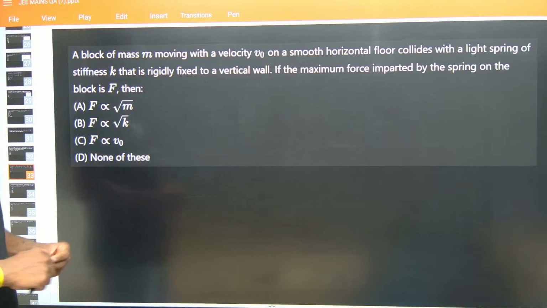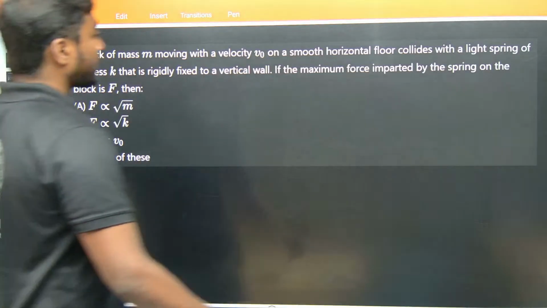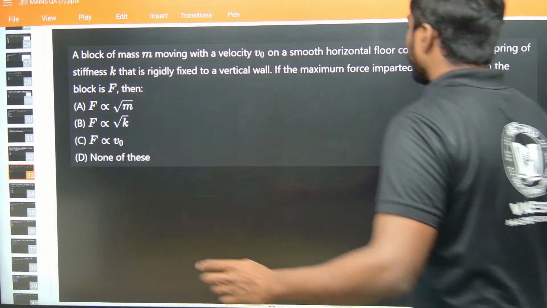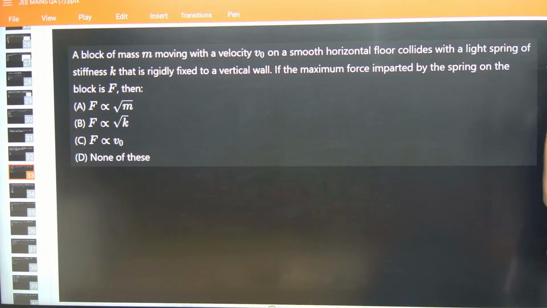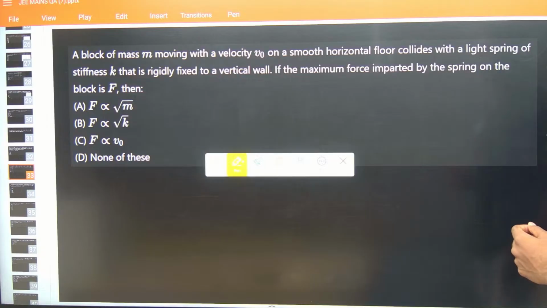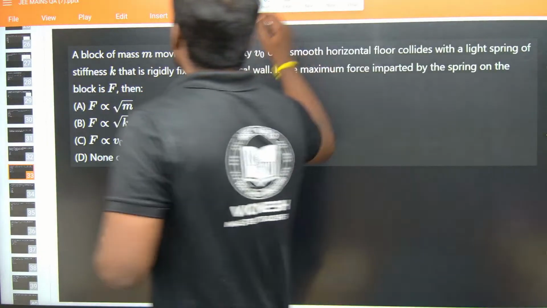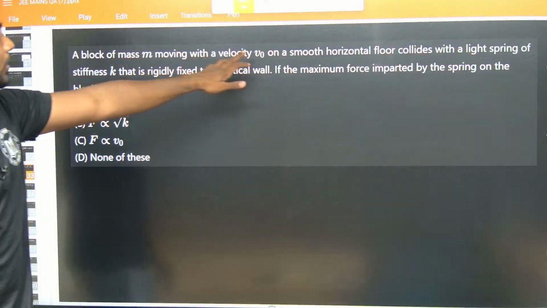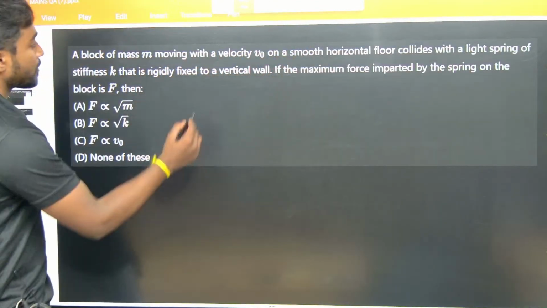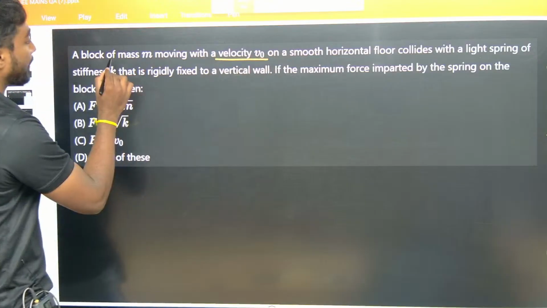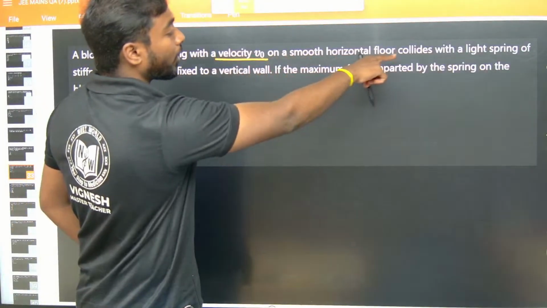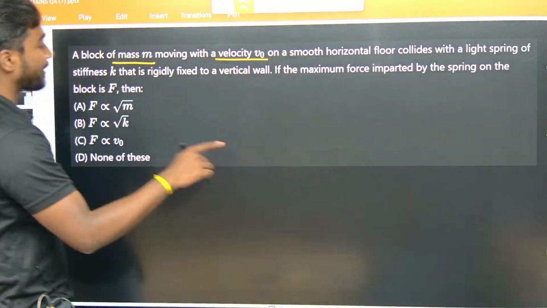We will start the answer. So a block of mass m moving with a velocity v naught, on a smooth horizontal floor, collides with a light spring.